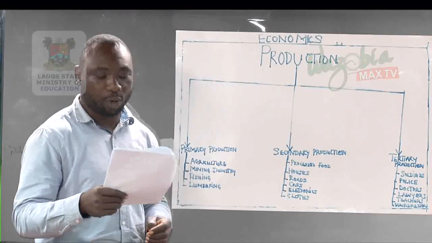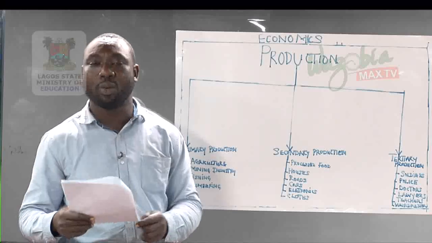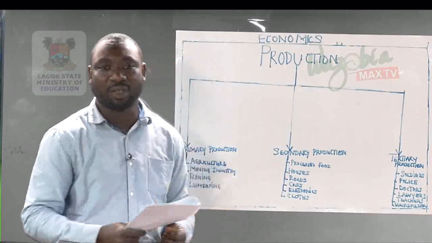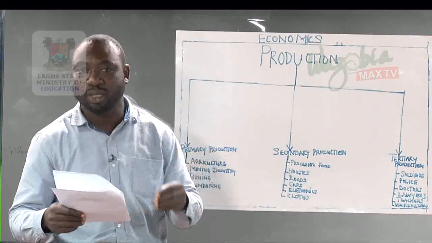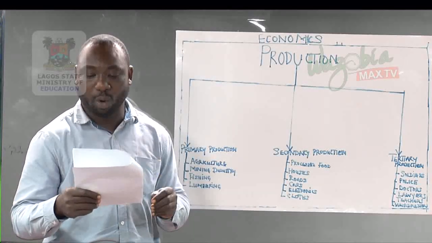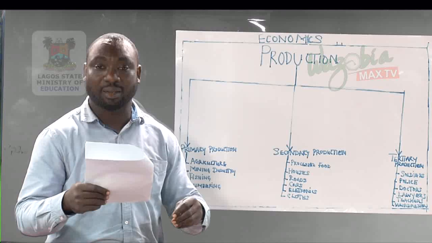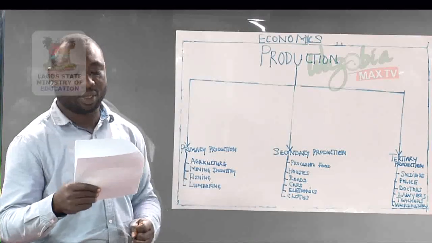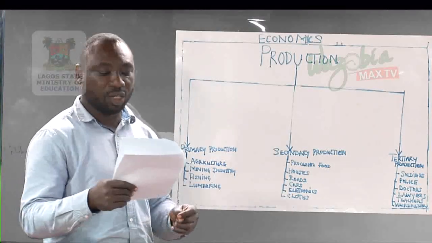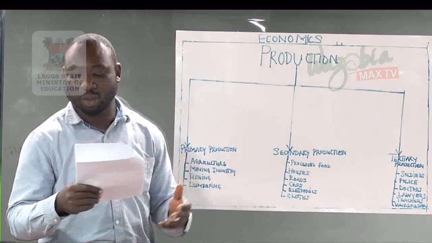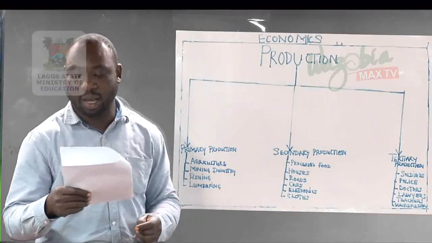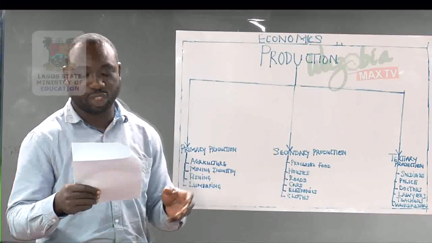Then tertiary production concerns commercial services or direct services, which can be professional services to the people, for example soldiers, policemen, doctors, lawyers, musicians, hairdressers, and teachers.